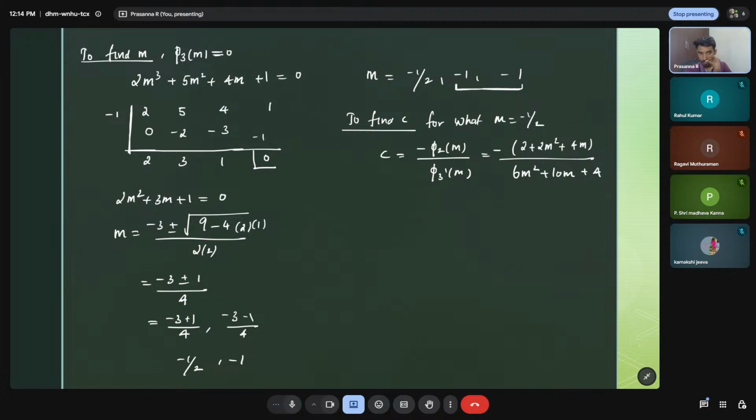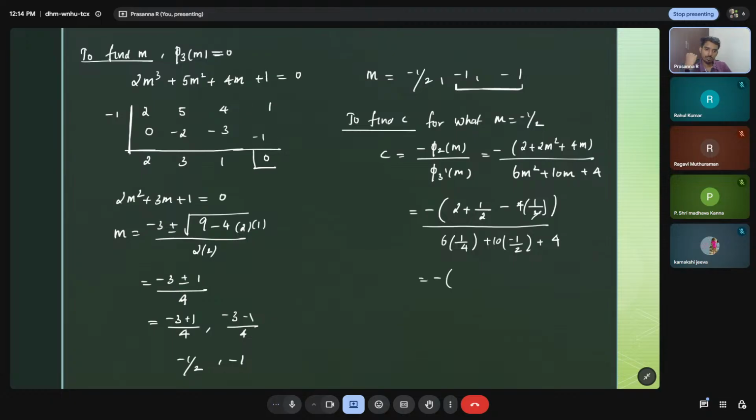Now we have to put m is equal to minus 1 by 2. So if m is minus 1 by 2, this will be 1 by 4. So 2 by 4 is 1 by 2. And this is minus 4 times 1 by 2 divided by 6m square plus 10m plus 4.